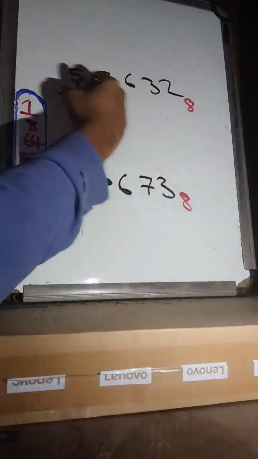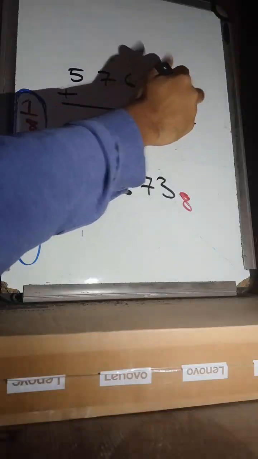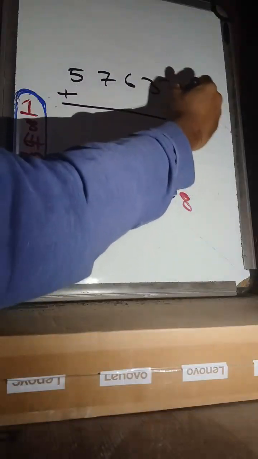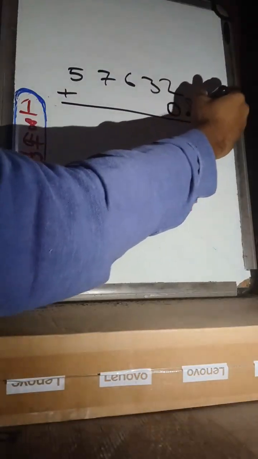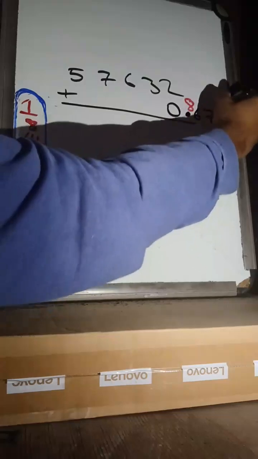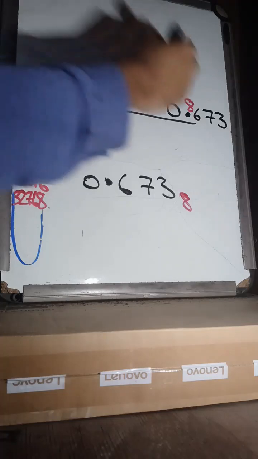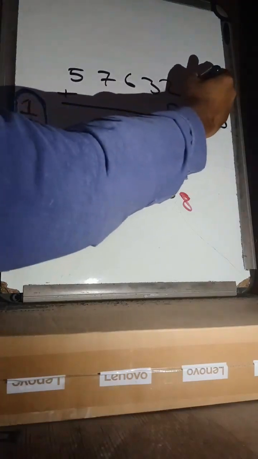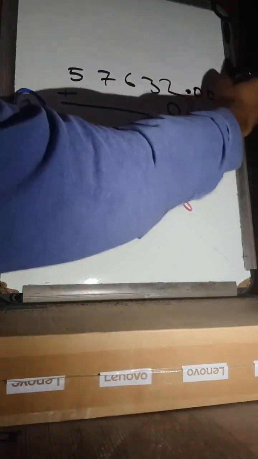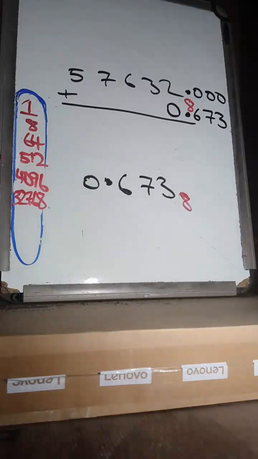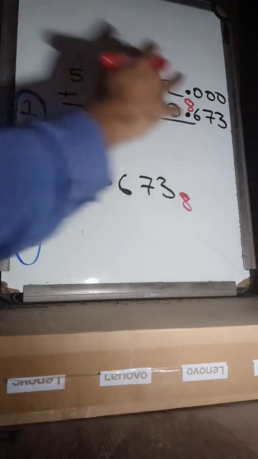If we were to add this to up here, then the 0 would be here, and this is where the rest of that would be. So just imagine that this would be a, and both of these numbers are in base 8.